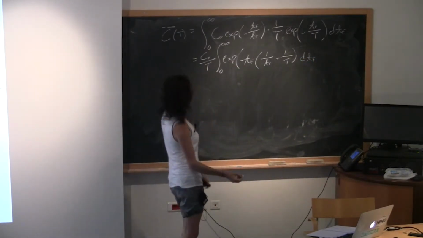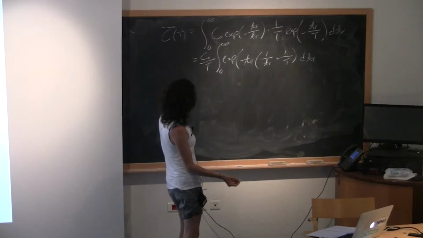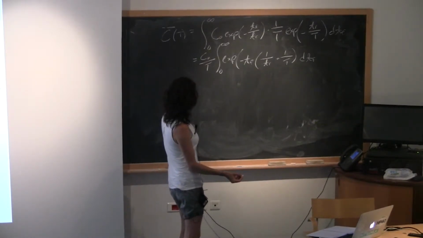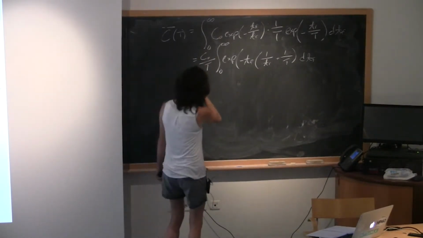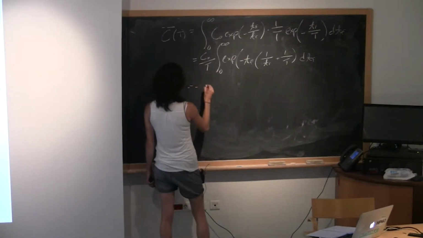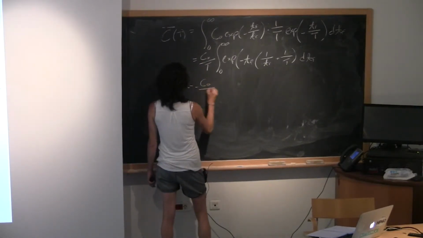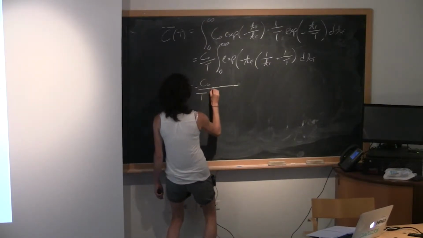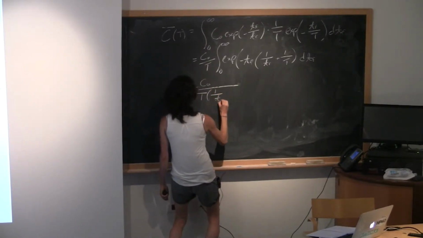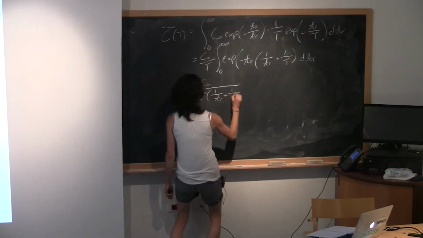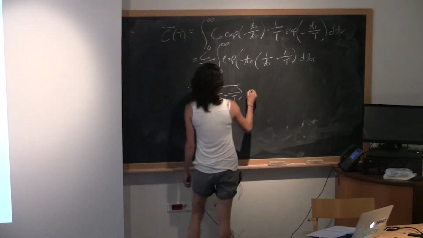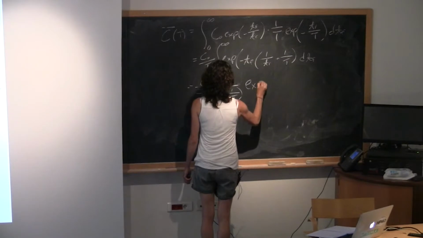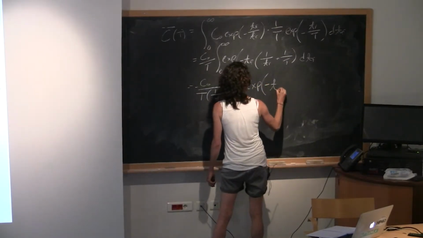All right, not too bad. Then what? So we're going to integrate this thing. We're going to wind up with a minus sign popping out. We're going to have a C naught over, and this is going to be our mean, and then 1 over T R plus 1 over the mean. And then we've got to evaluate this monster.